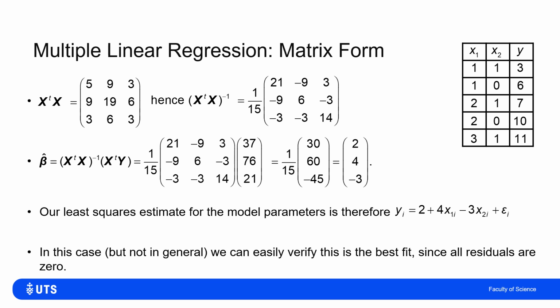And in fact, that model fits absolutely perfectly. There are no residual errors. Each of the y's is exactly 4 times the x1 variable minus 3 times the x2 variable plus 2 with no residual error. Obviously, in general, you're very, very, very unlikely to see a model with no residual error, but that's what we have here.